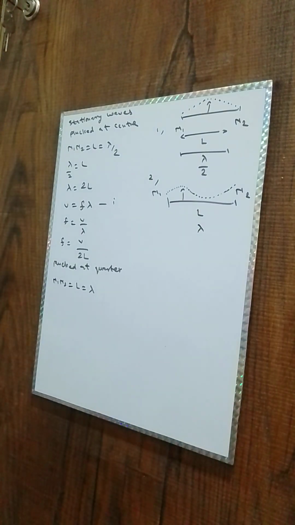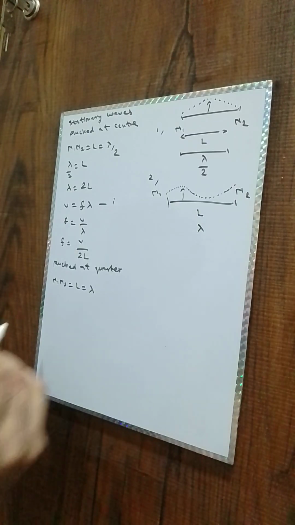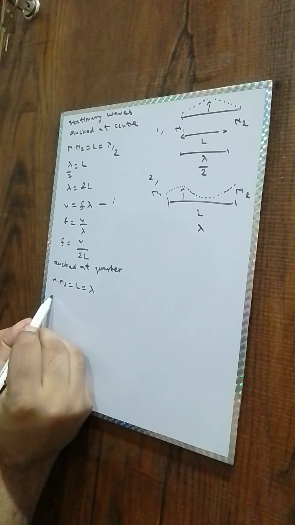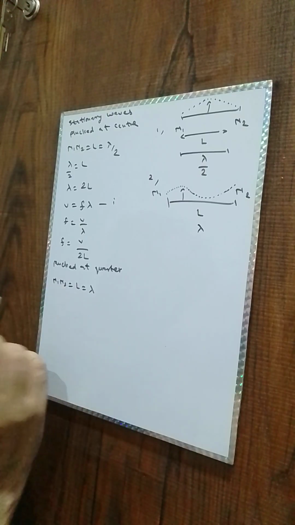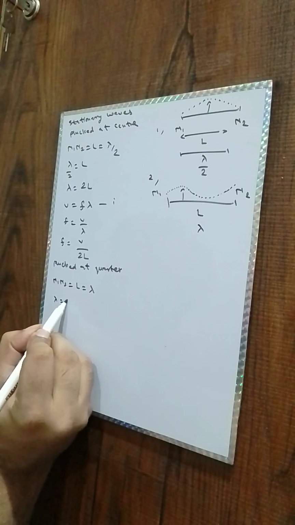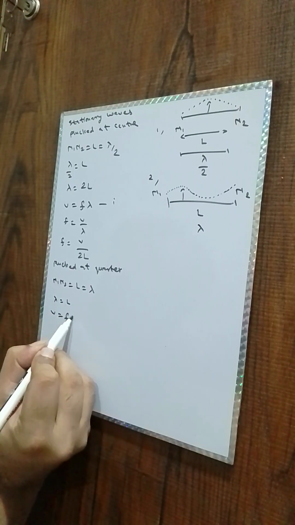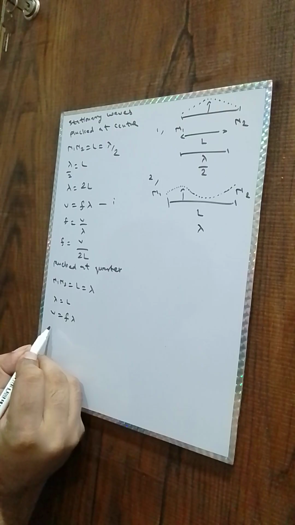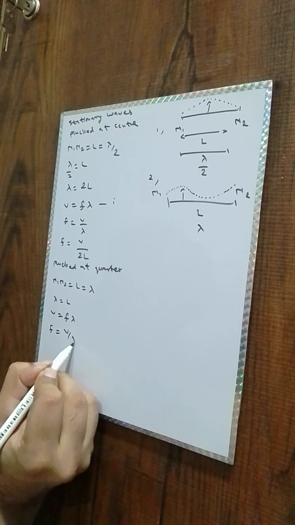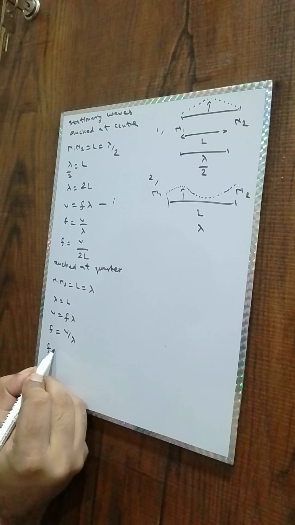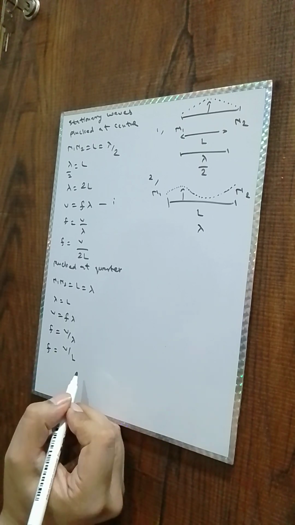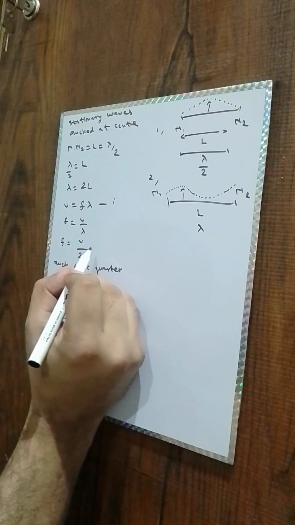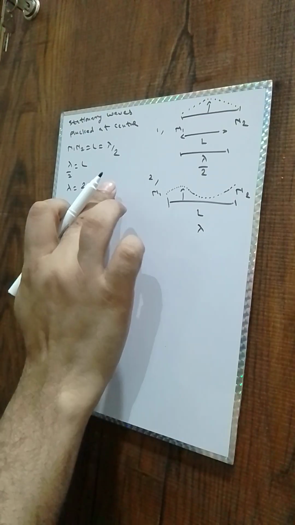So in this situation between nodes 1 and 2, L is equal to lambda. Length is equal to wavelength. So lambda is equal to L and V is equal to f lambda. So f is equal to V by lambda, and for the frequency we substitute lambda: V by L. So now you can see the difference.